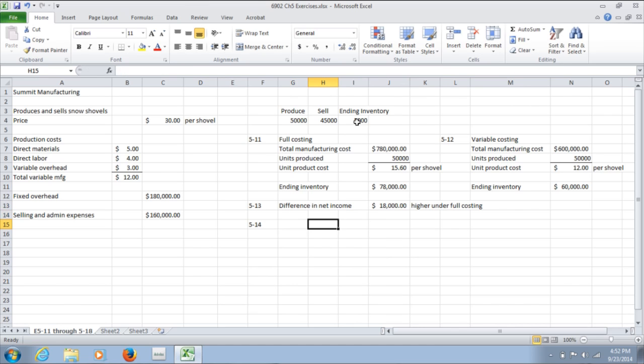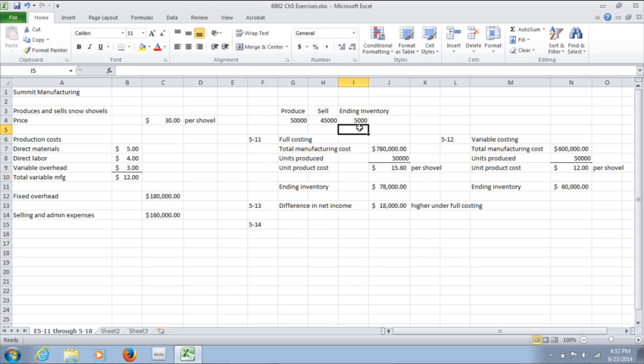And that difference is that we've not recognized $18,000 of the fixed overhead yet. So in other words, notice that the ending inventory is 10% of production, and this $18,000 is 10% of the fixed overhead. So we've recognized $162,000 of fixed overhead under full costing into net income.